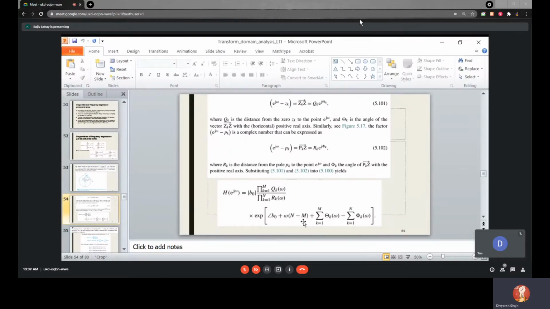And this is the zero of n minus mth order. That is why this angle comes. So if you see here, it is omega into n minus m. And this is a zero on the unit circle. That is why the angle is omega.